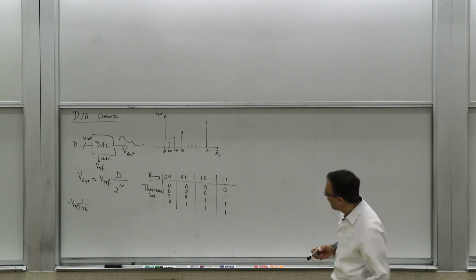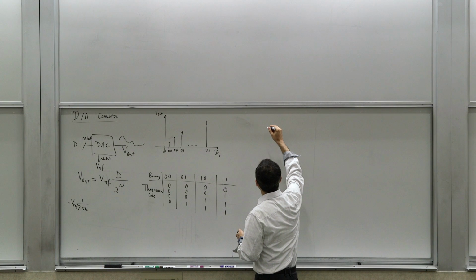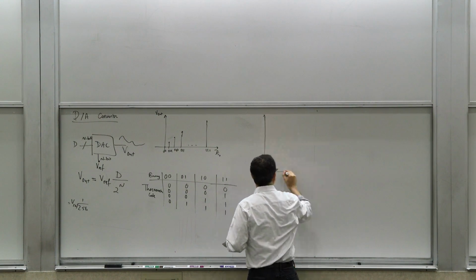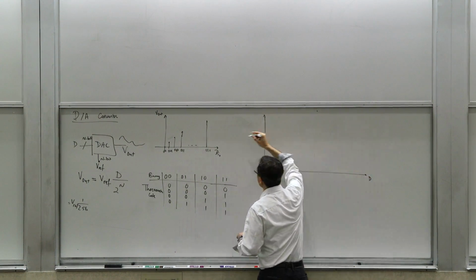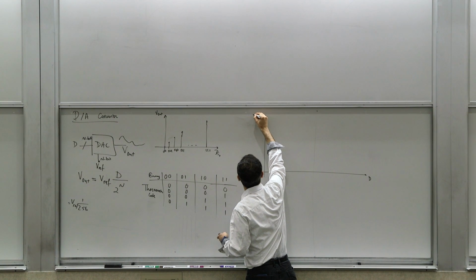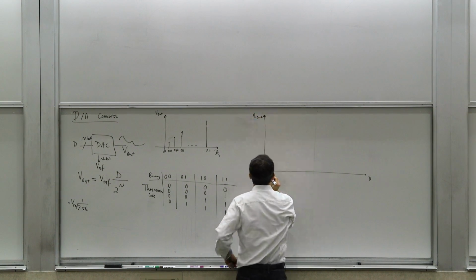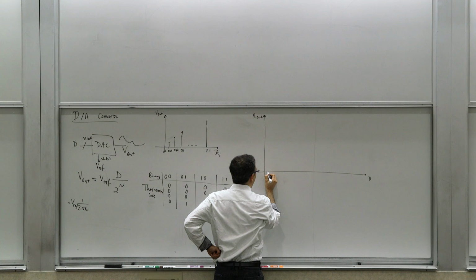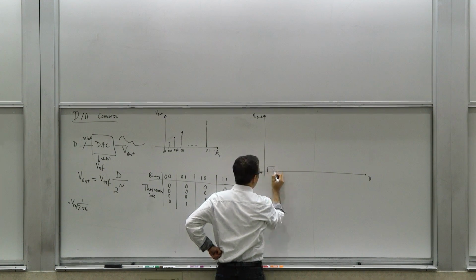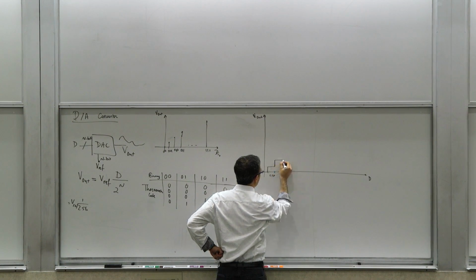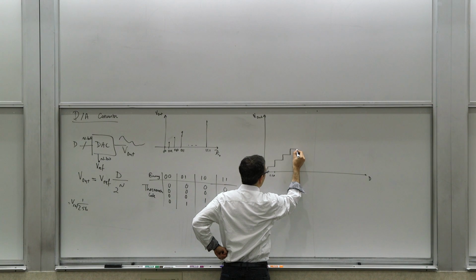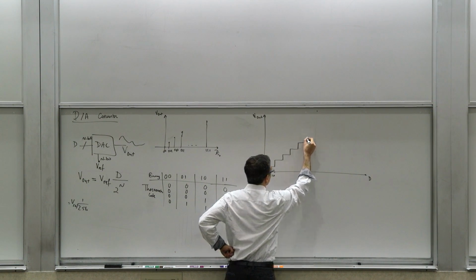So for an ideal D2A, if you think about the transfer function between the digital word and the output, plotted differently, you are looking at a variation that would happen at half LSB, and then for every LSB that you go up, there would be an equal amount of change in the analog voltage.